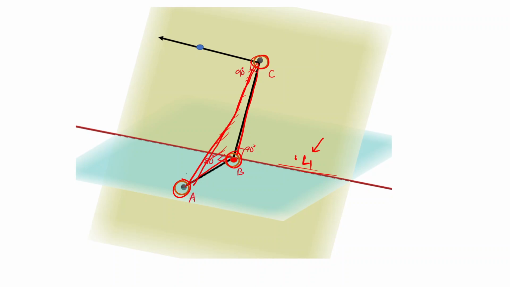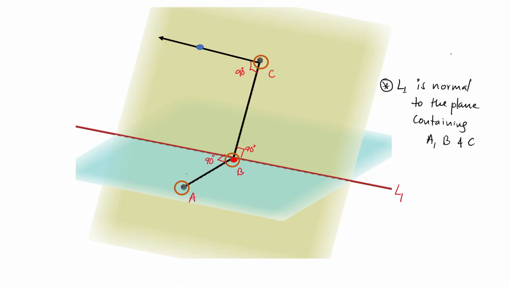AC will also be perpendicular to L1. Okay, so this L1 is normal to the plane containing A, B and C, right? And then let's think about some other points, B, C and D.